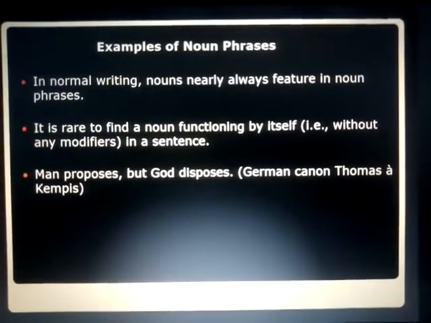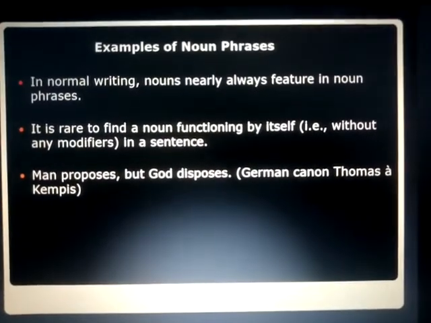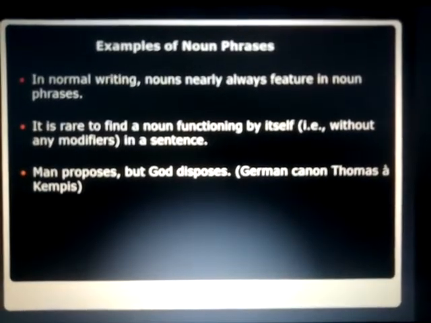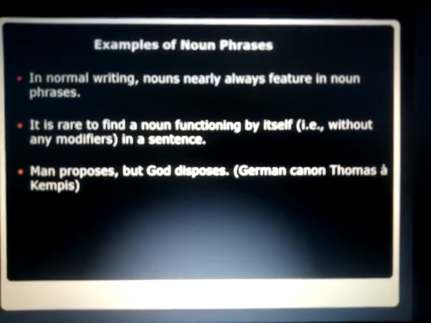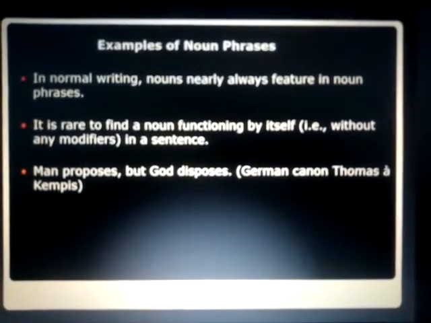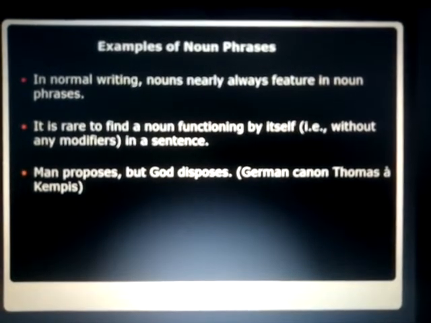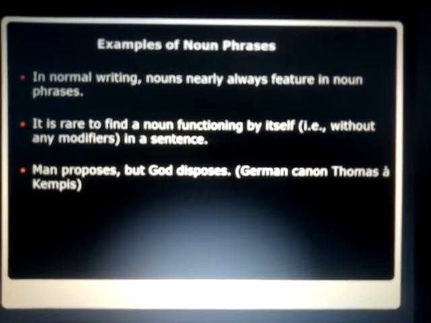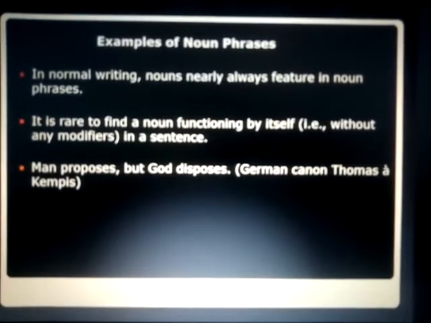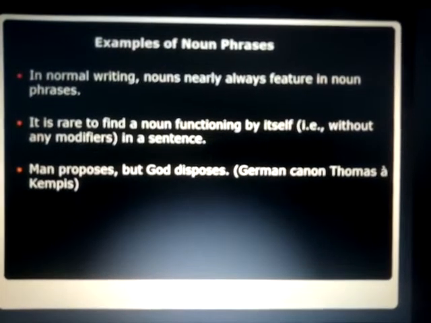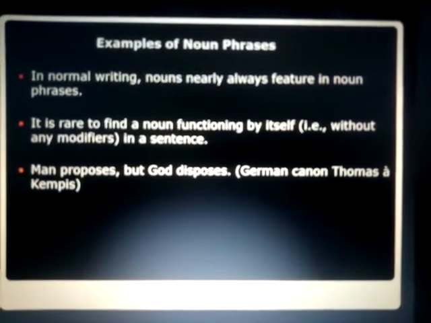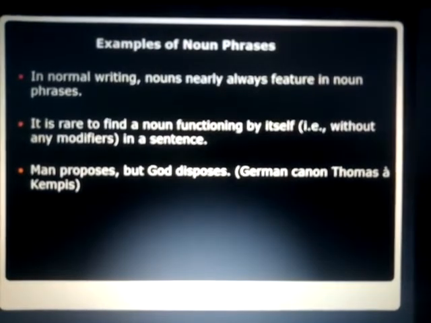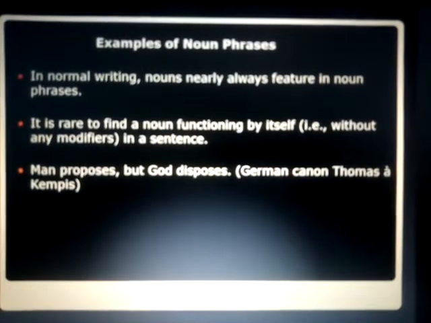Examples of noun phrases. In normal writing, nouns nearly always feature in noun phrases.